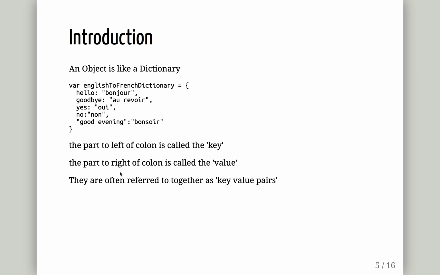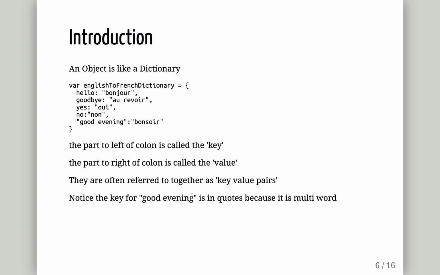They are often referred to together as key-value pairs. Notice the key for good evening is in quotes. It's in quotes because it is multi-word. So JavaScript will be okay if you have hello outside of quotes because it's a single word. But as soon as it becomes multi-word, then you need to use the quotes.